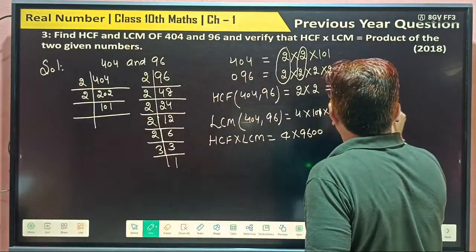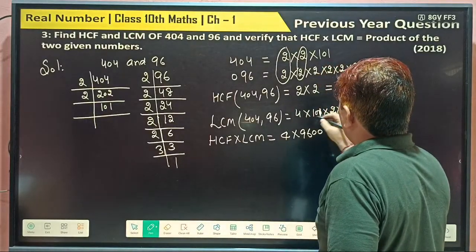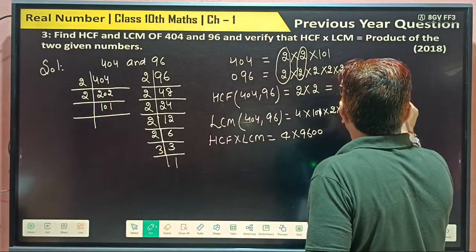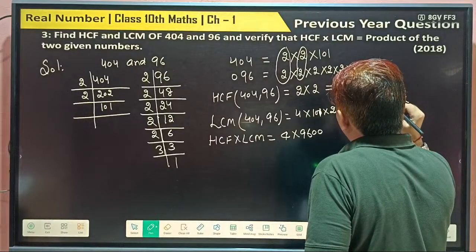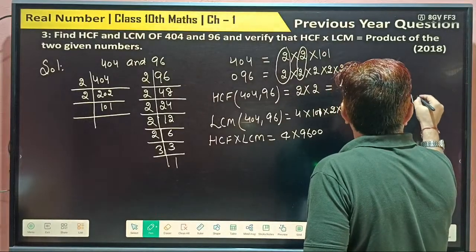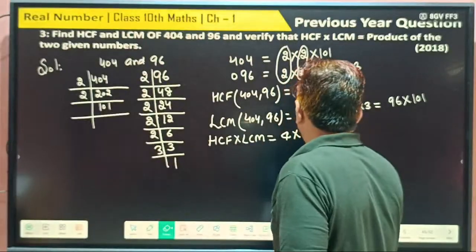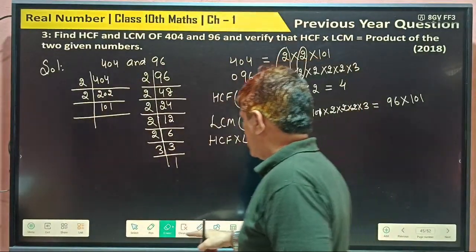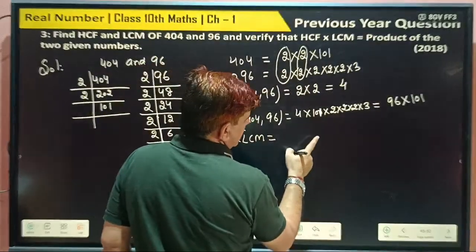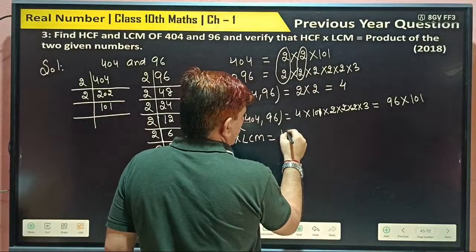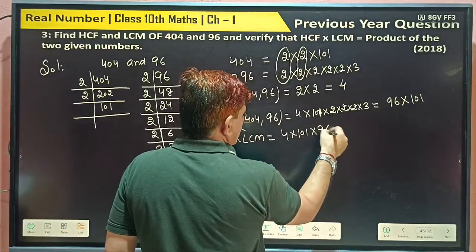So equal to 6, 12, 24, 96 into 101. 96 into 101. So this is HCF 4 into 101 into 96.